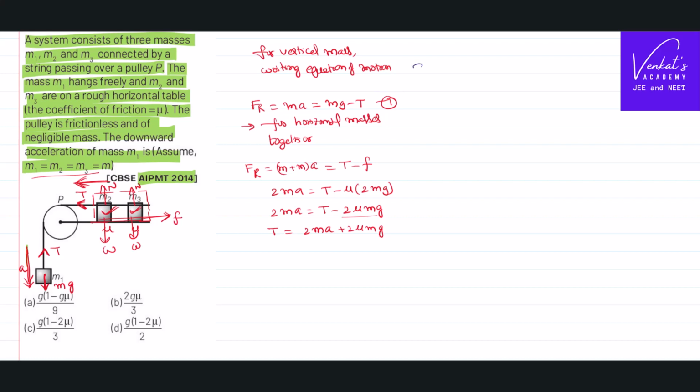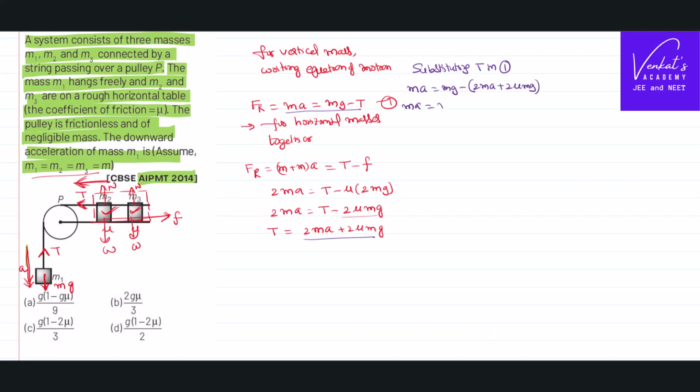Substituting tension in the first equation of motion. This is the first equation of motion: ma equals mg minus tension. Tension is this much, that is 2ma plus 2 mu mg.